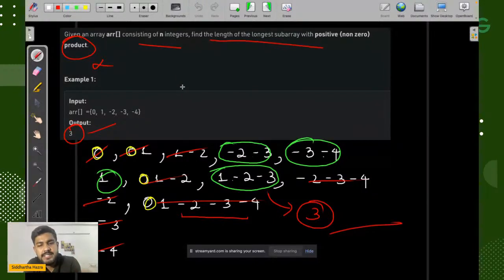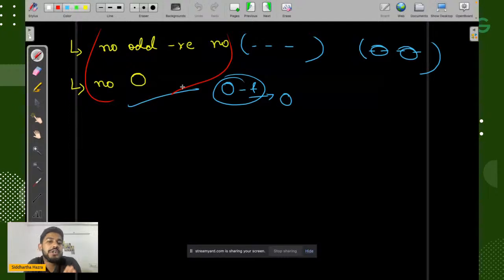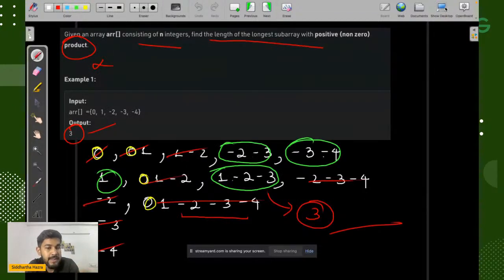From the sample test case itself, we can conclude that yes, these two conditions shouldn't be present. Am I clear with these two conditions or not? I just wrote all the possible subarrays, then discarded the subarrays which have a negative sum.